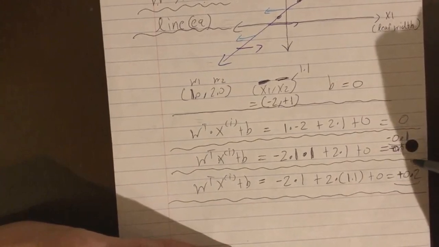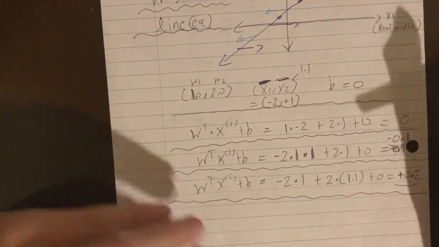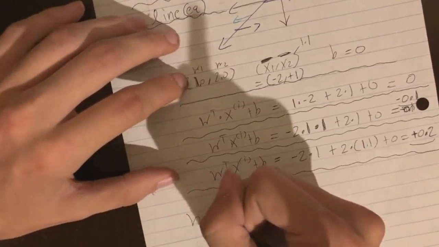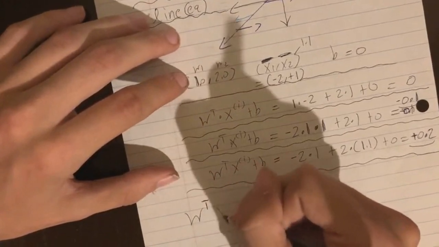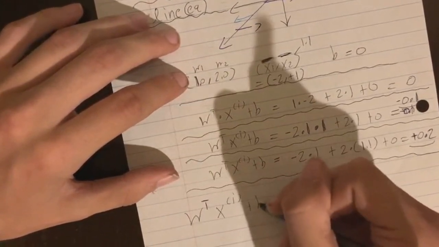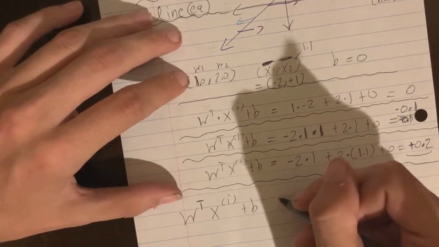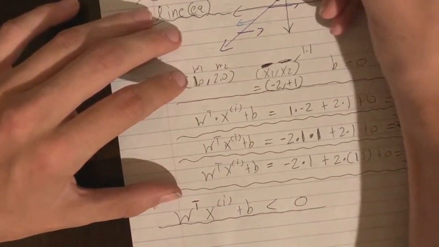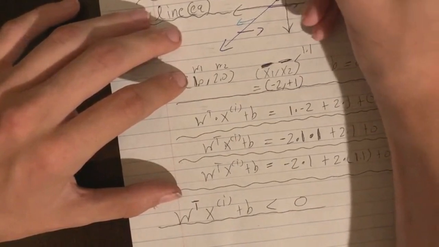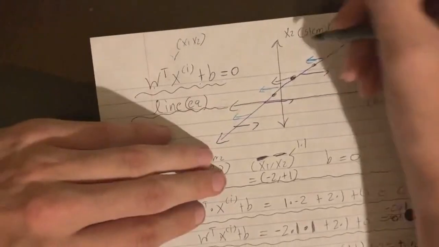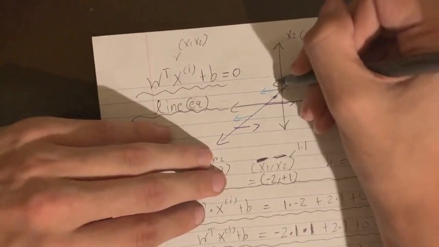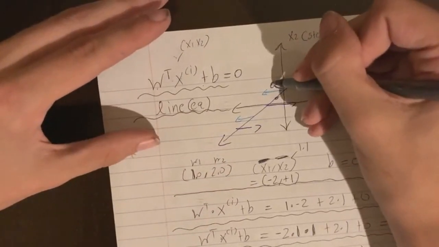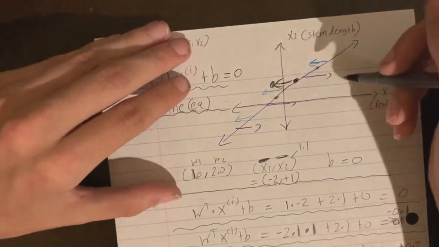And so what you can deduce from this is that if you're on, say, the left side of the line, W transpose x of i plus b is less than 0. Because if you're on the line and you nudge x1 a little bit, maybe you'll end up more negative.